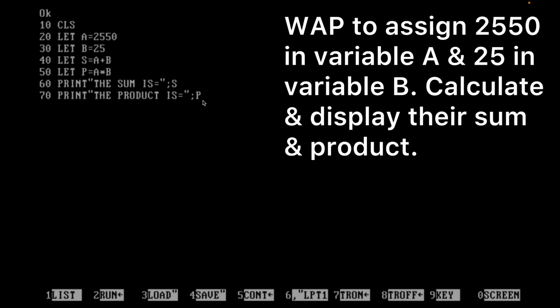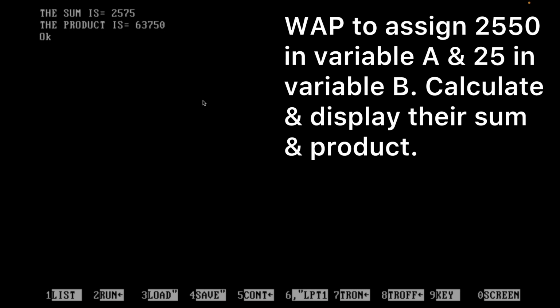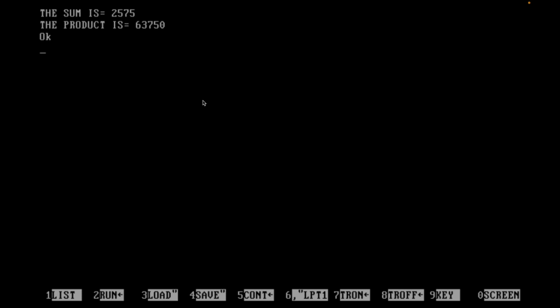As we finish the program, we need to write END, and then we will press F2, or you can write RUN and press enter, and here you can see the sum is equal to this and the product is equal to this. Okay, now we will move on to the next program.